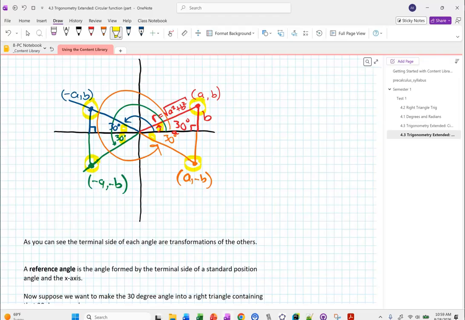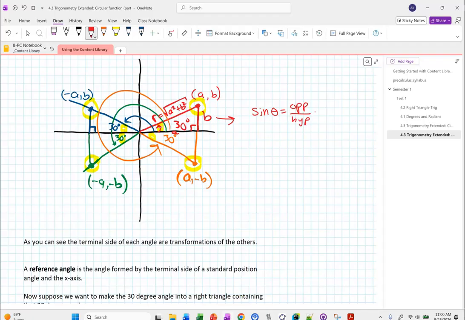The coordinates of a point can be positive or negative or zero, whereas the side lengths of a triangle certainly can't be negative or zero, right? Everybody's okay? So if I look at this red triangle, we can say that sine of theta is opposite over hypotenuse, right?